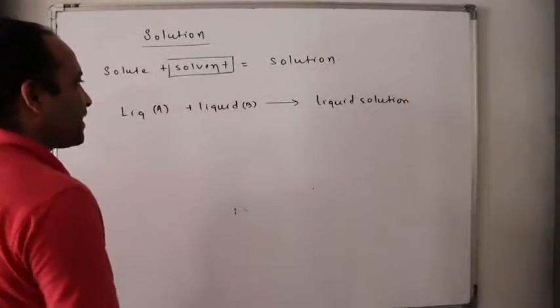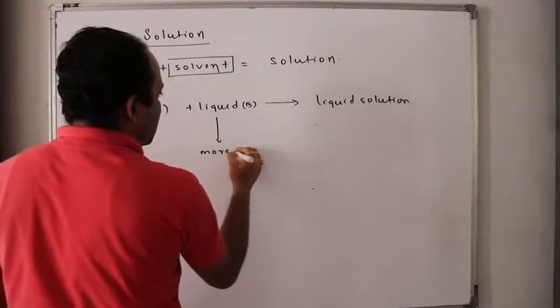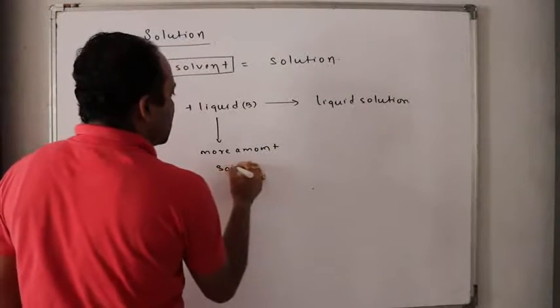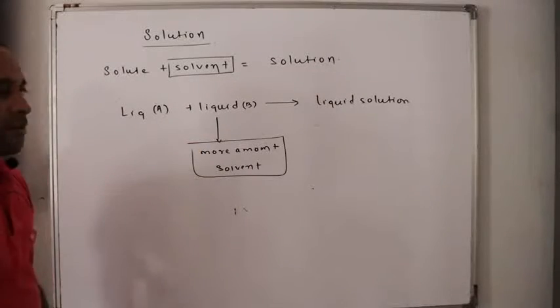Now what happens in this case? If liquid A is in more amount, more number of moles, then this is the solvent. The one with more amount is the solvent.